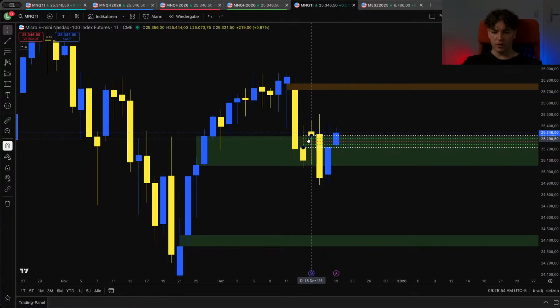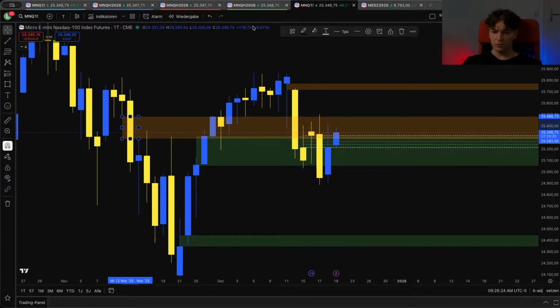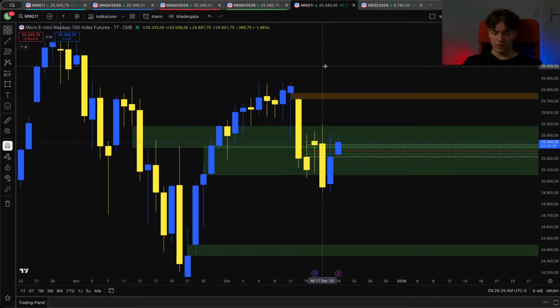If it closes above this daily volume imbalance and above this daily fair value gap, for example, if this daily candle closes here, then I would maybe say, okay, we need to see how price is trading inside of this wick, and if price is maybe willing to trade up higher into this volume imbalance again. As I told you, it's difficult to determine what price wants to do right now.